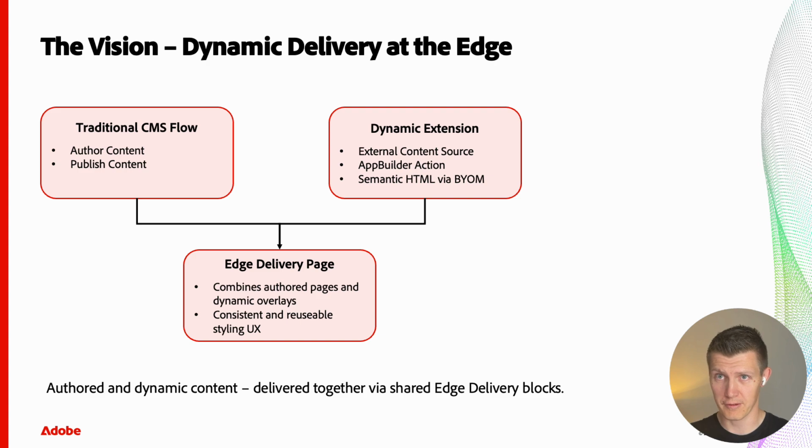Both flows converge at the edge delivery layer, where they share the same styling and runtime decoration blocks. This unified model allows developers to combine authored content with dynamic overlays, styled consistently and delivered at edge delivery speed. It's a flexible approach that supports both structured authoring and dynamic integration, enabling teams to meet a wider range of publishing needs.